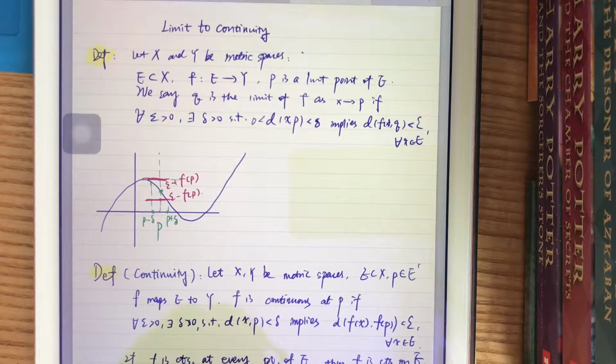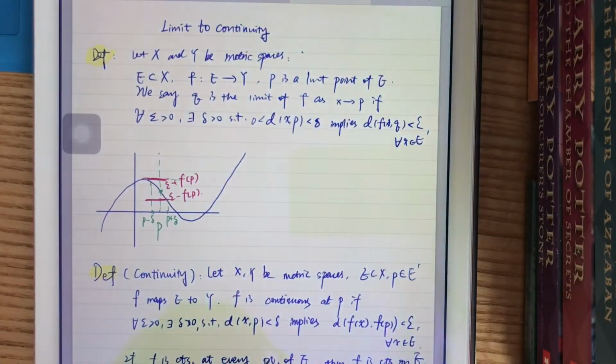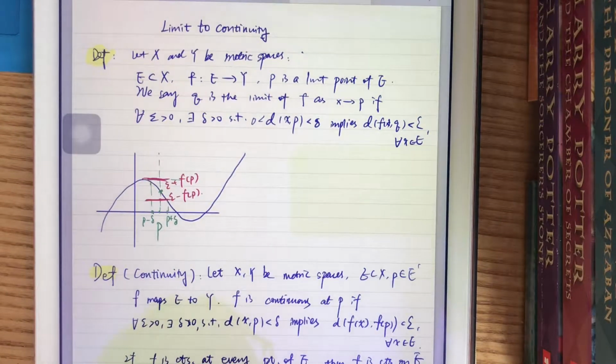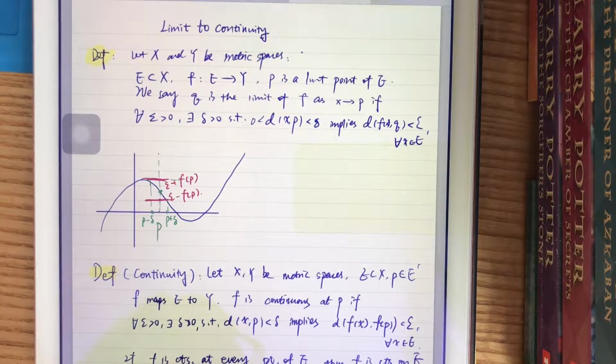approaches P if it satisfies such a condition, which is for every epsilon greater than 0, there is a delta such that the distance between X and P is smaller than delta. Okay, now the X is what? X is the point that approaches, getting closer and closer to P, but X is not equal to P, right?